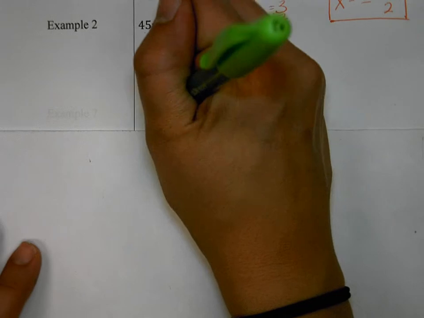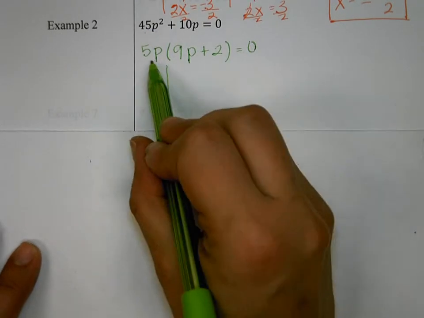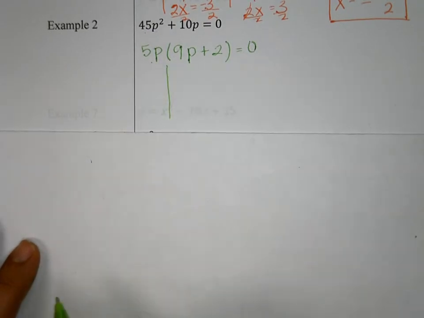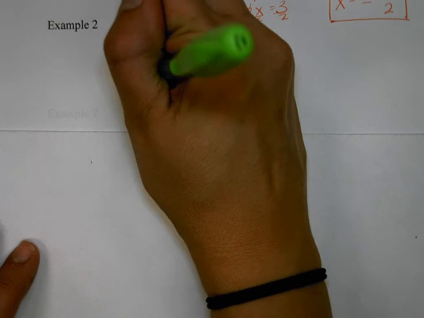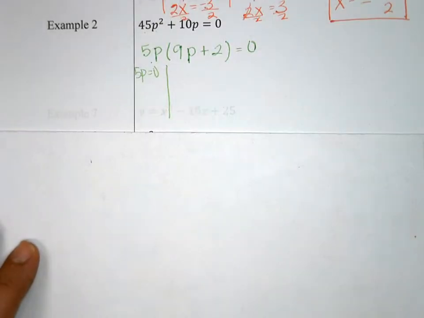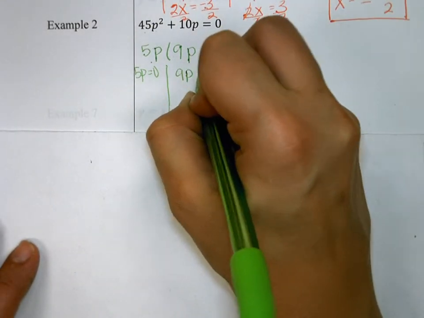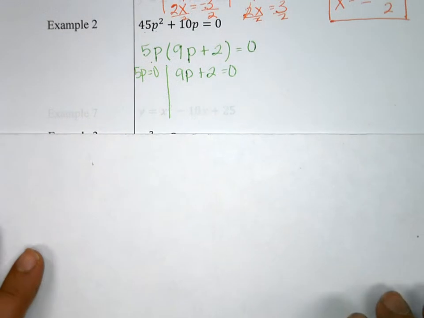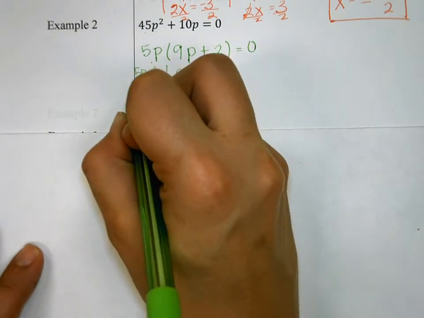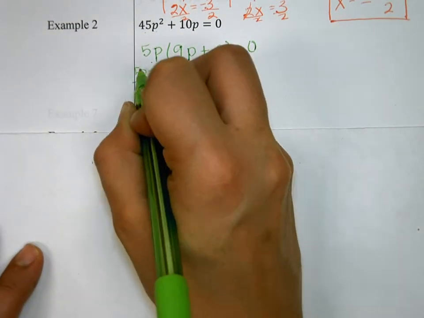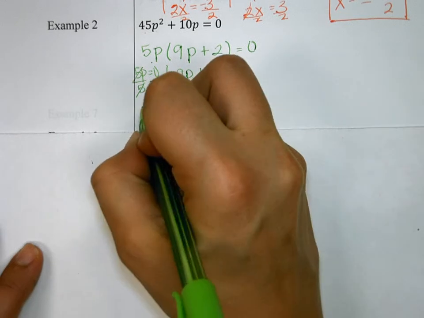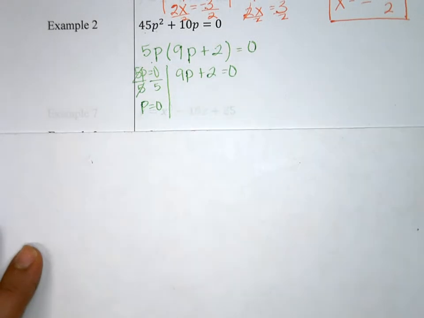So I'm going to draw the line between the two, and I'm going to set each of the factors equal to 0. So we get 5p equals 0, and 9p plus 2 equals 0. So we're going to solve both of them. So I divide both sides by 5, and that gives me p equals 0.